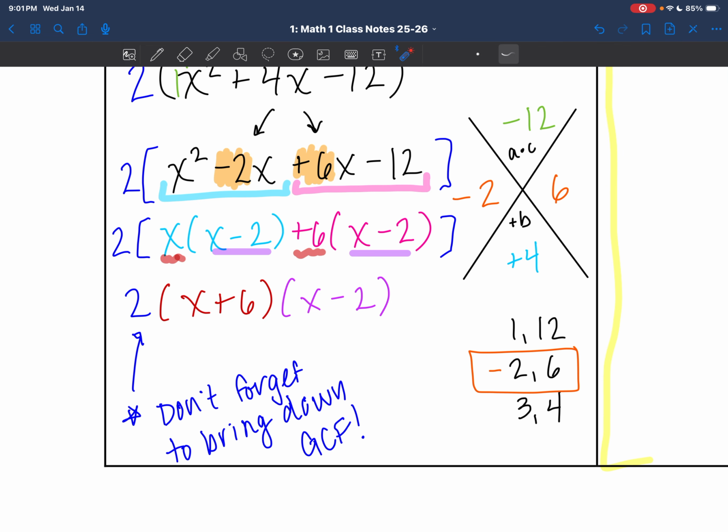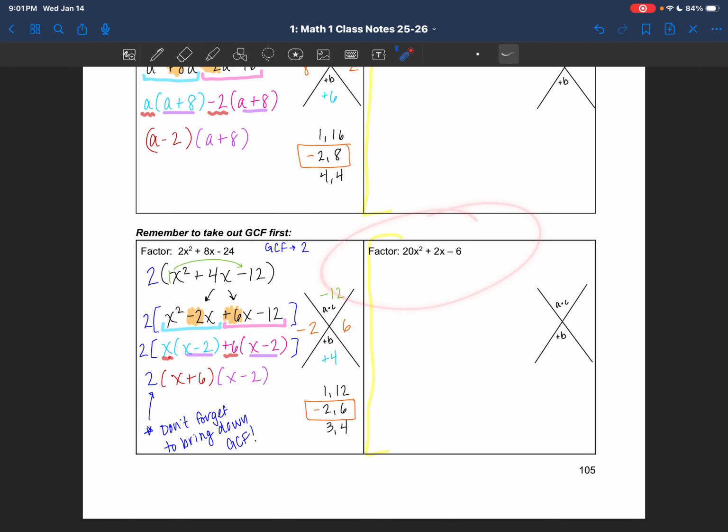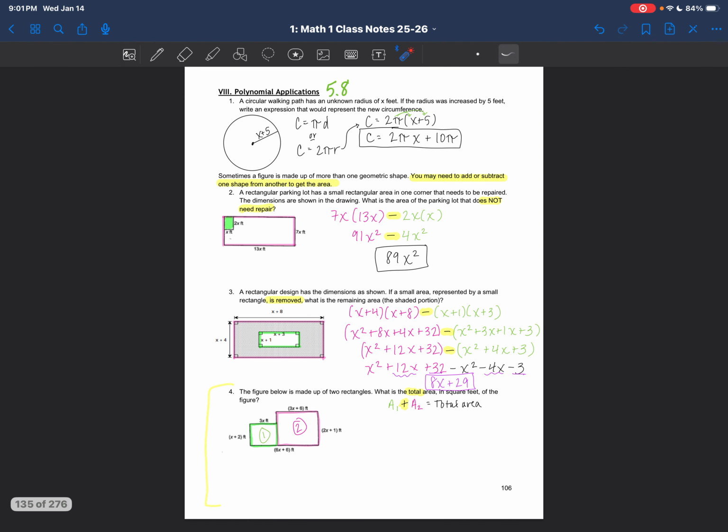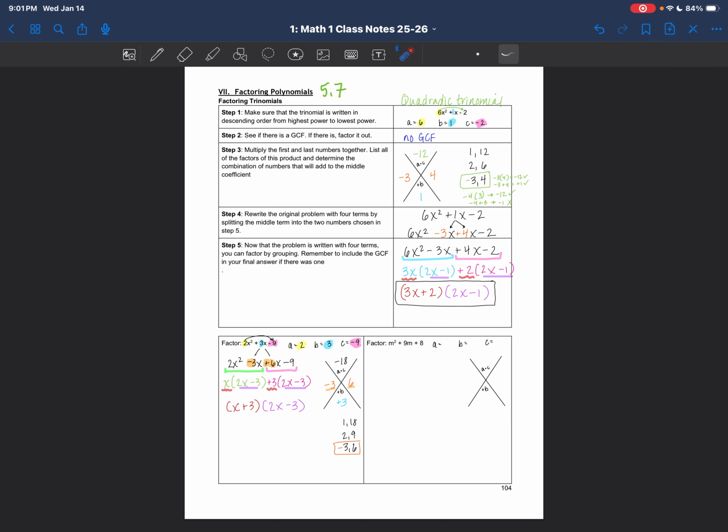So again, what's outside makes one parenthesis, and then what's the same is going to be your second factor. And then again, don't forget to bring your GCF down, and this is your final thing. So don't forget to bring that down. All right, I want you to go ahead and try that one. There is a GCF. And then that is factoring polynomials.